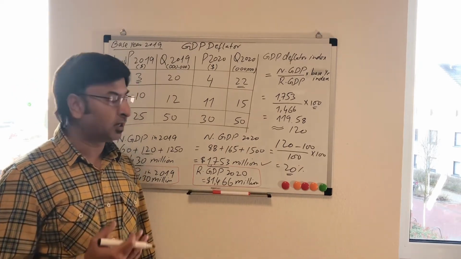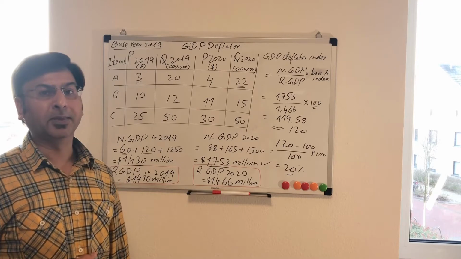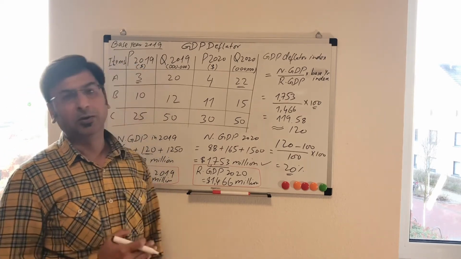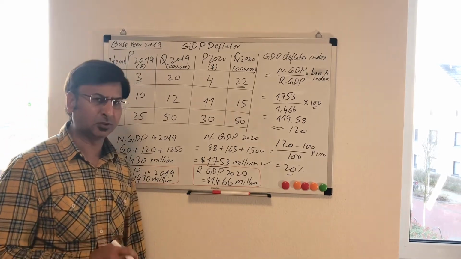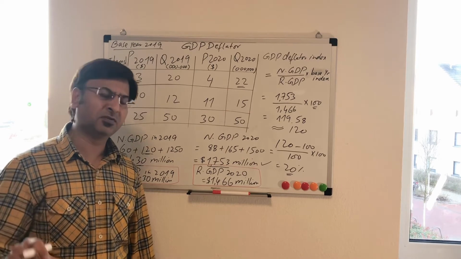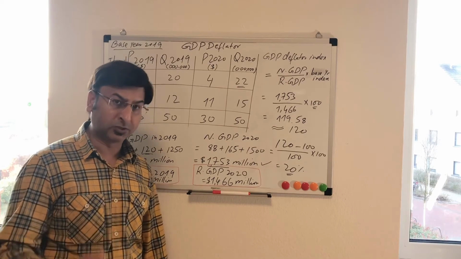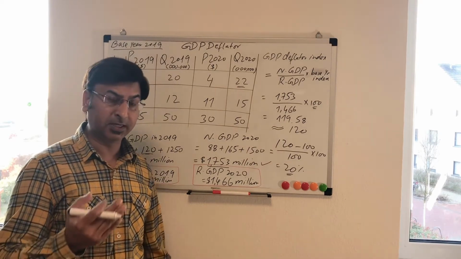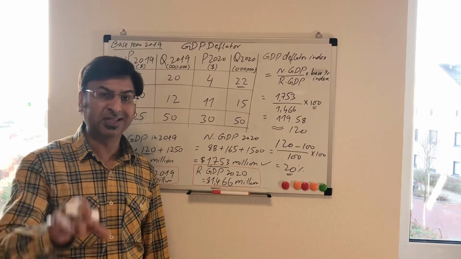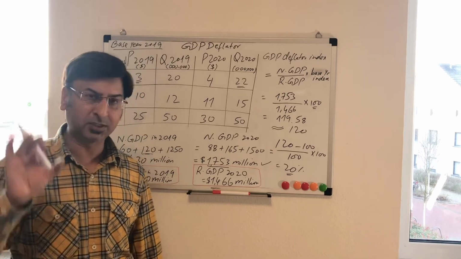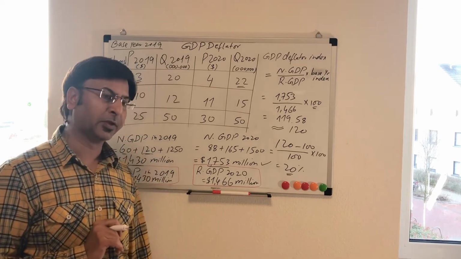So that's the advantage of using GDP deflator index, that helps us to find the impact of prices on our nominal GDP. It is different from CPI in a way that in CPI you just use the fixed basket of goods and services consumed by the individuals of that country, including imports. And as you know the difference between GDP and GNP, GDP only considers goods and services produced within the country, regardless of whoever is producing it, a foreigner or a local person in that particular country.